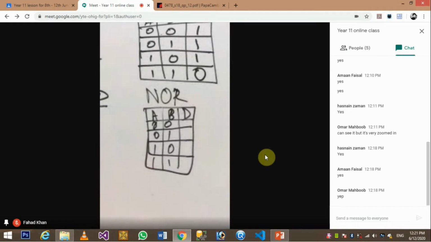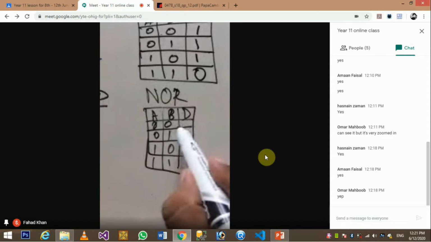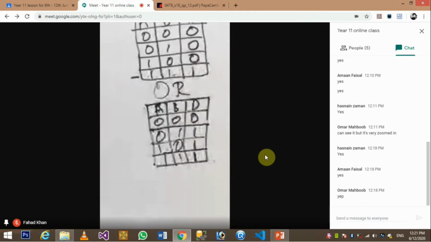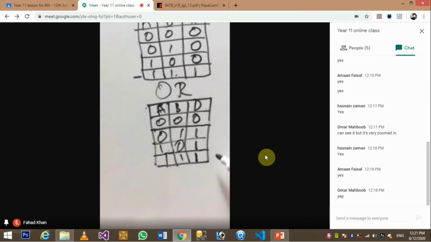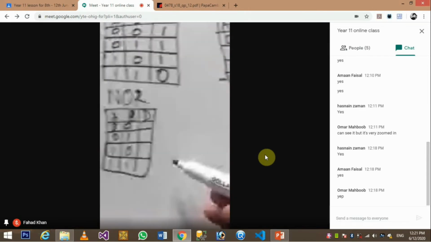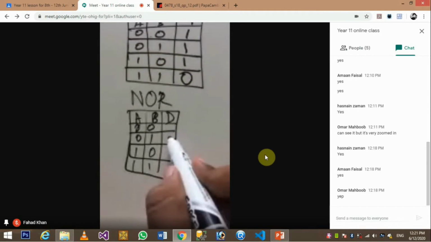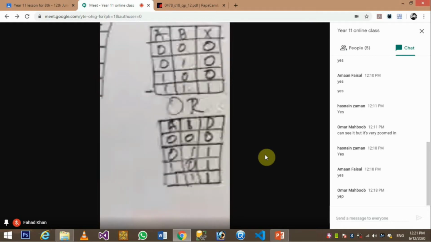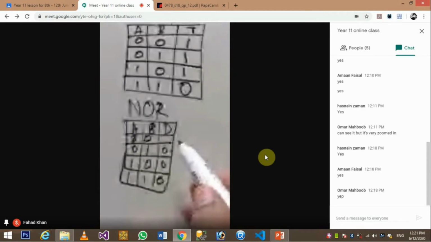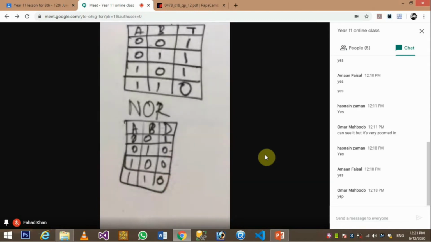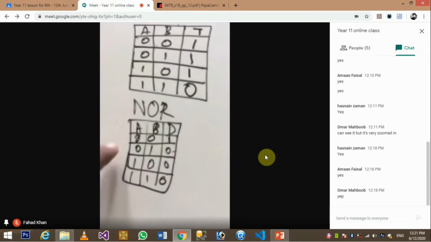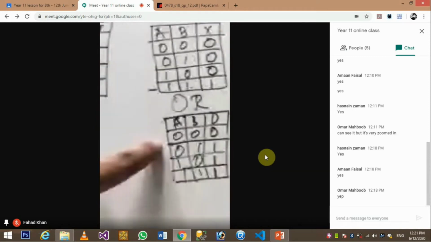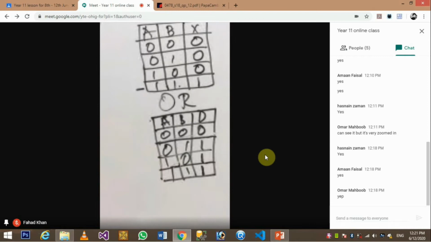All right, so if we talk about this OR gate, only the last three are 1, so here only the last three are 0, and the first one is 0 in OR, so here the first one would be 1. So basically that's NOT OR. NOT OR means the output of the truth table of the OR gate is reversed and written in this NOR gate.